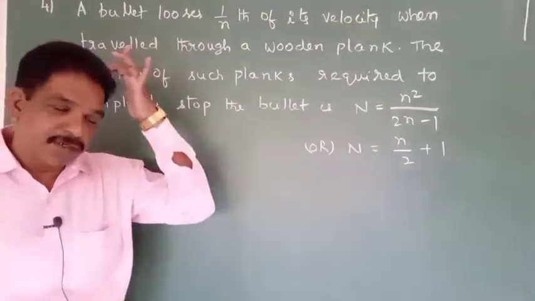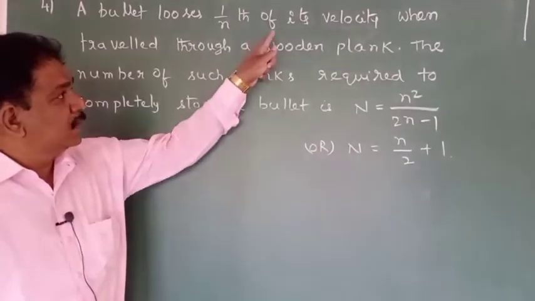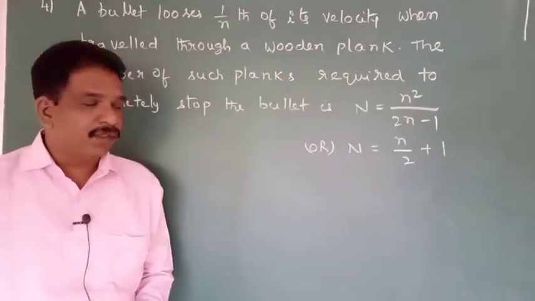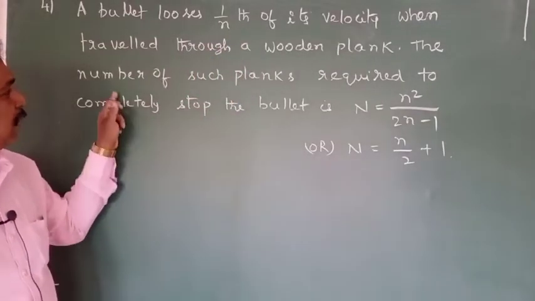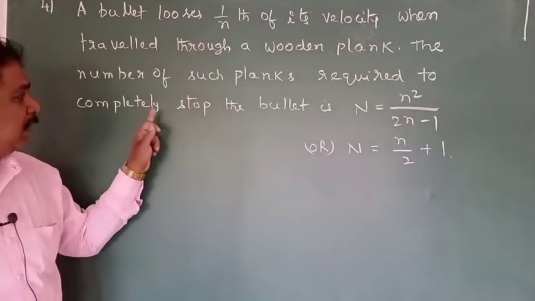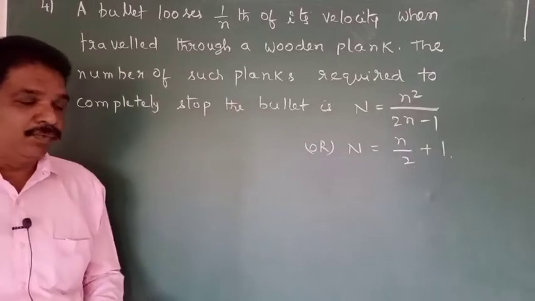This is the shortcut. A bullet loses 1 by nth of its velocity when traveling through a wooden plank. The number of such planks required to completely stop the bullet.